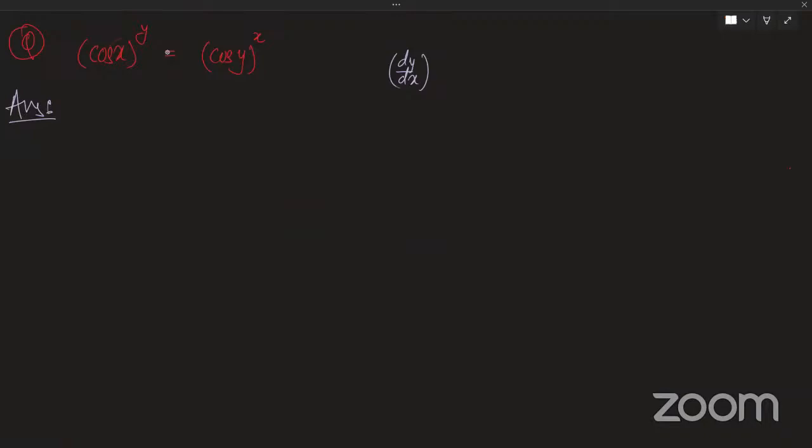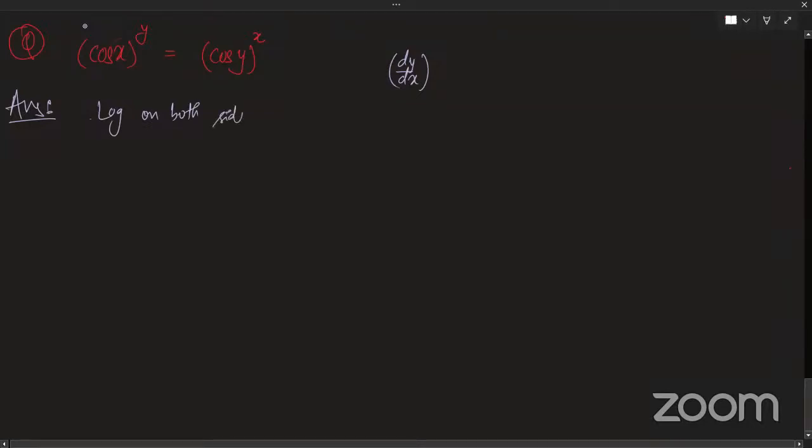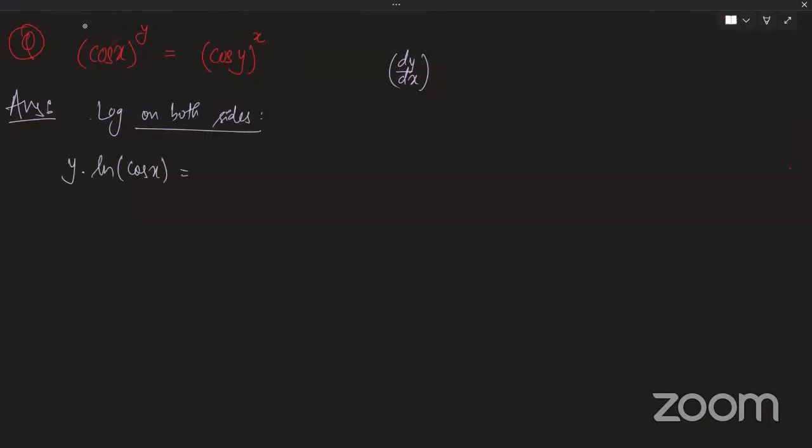Applying log on both sides. Okay, great. So tell me, if I apply log on both sides, what will be the terms that I'll get? y into ln of cos x is equal to x into ln of cos y.